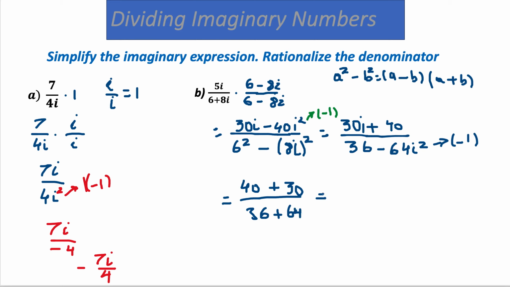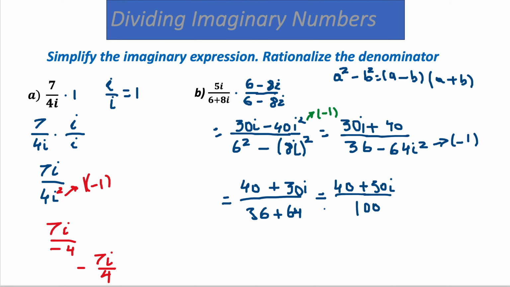And now we already see this here. Let me rewrite everything: 40 plus 30i divided by 100. That's what we have.